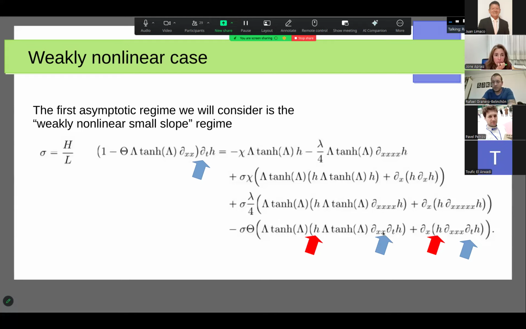So these two guys together on the right hand side group into a commutator term that is in fact a third order nonlinear differential operator for h_t. So basically it's of the same order as the left hand side.